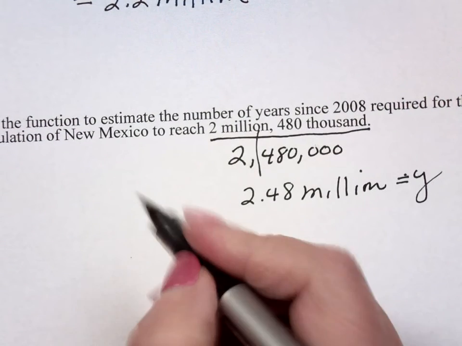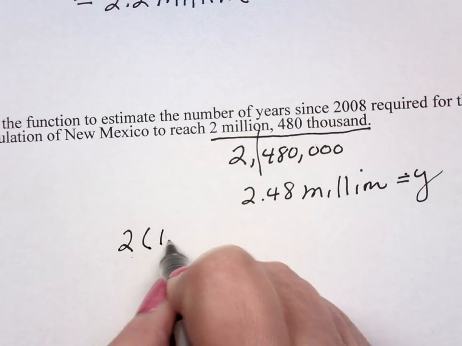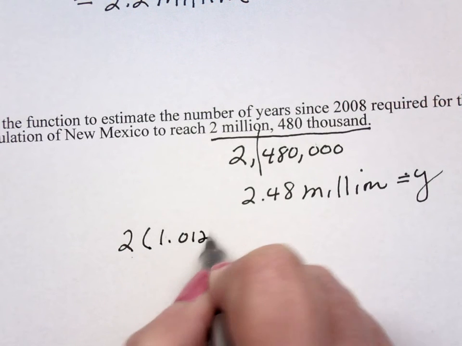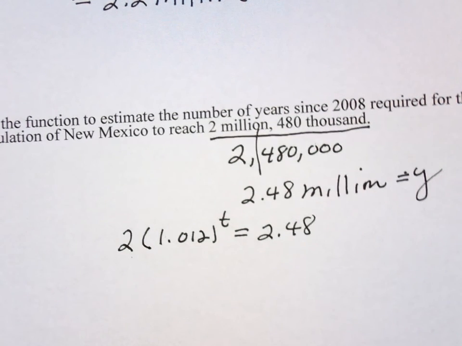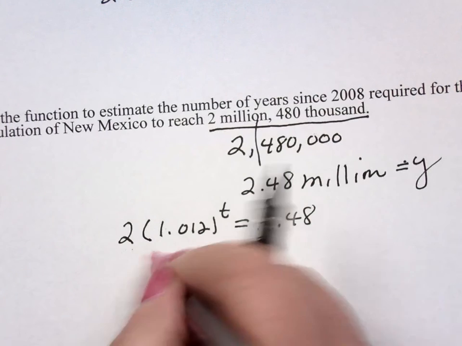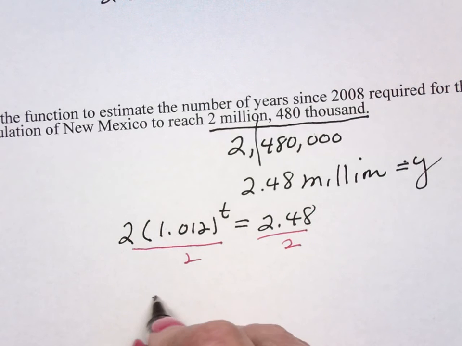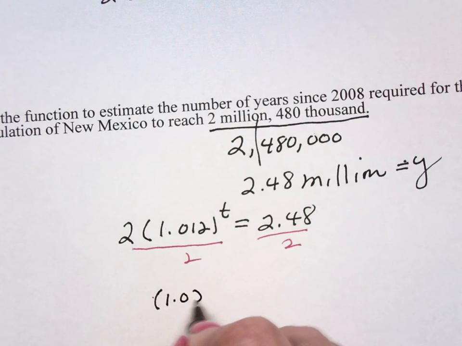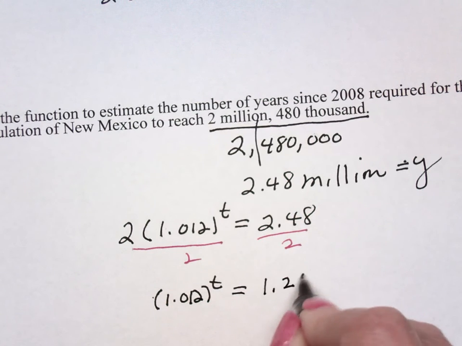So now this says that 2 times 1.012^t equals 2.48. First thing I need to do, divide both sides by 2. 1.012^t equals 1.24.